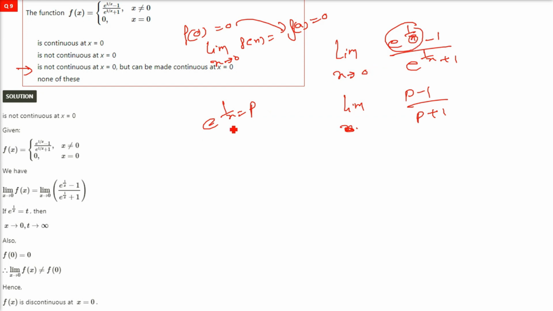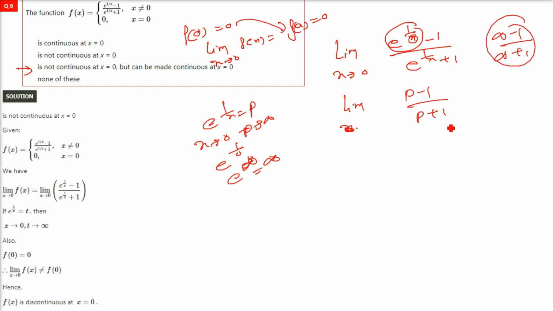When x is tending to 0, so 1 by x will be tending to infinity. So e to the power infinity it will be. Anything to the power infinite is infinite only. So p is tending to infinite. So infinite minus 1 by infinite plus 1. So this will not be a proper way of solving it. So we'll try to get certain solution which is feasible.